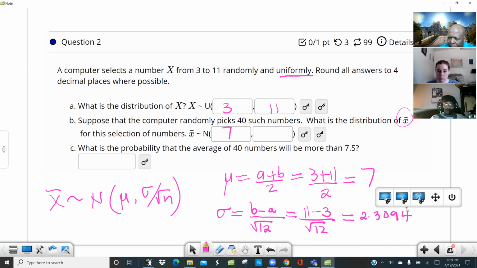And you know what I do? I have to divide this by root n. So sigma over root n now becomes 2.3094 over the square root of 40, because there are 40 numbers picked.